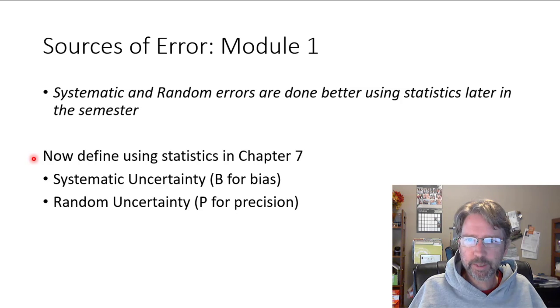So using statistics, we're moving into Chapter 7, and we have systematic uncertainty, which we use the letter B for. B for bias, that's systematic, and the random uncertainty is P here. P for precision.